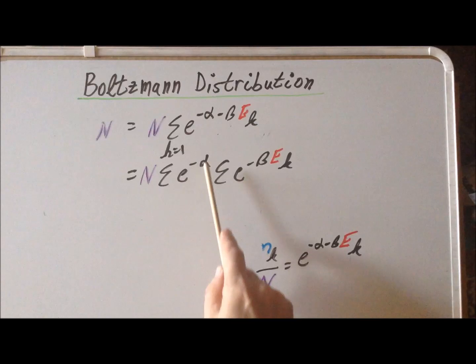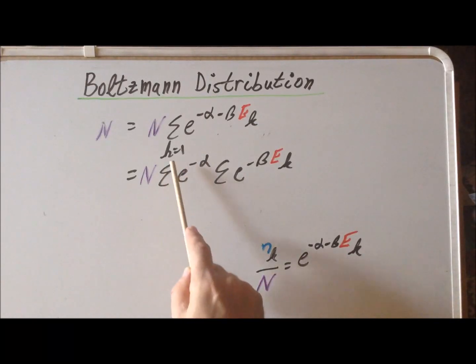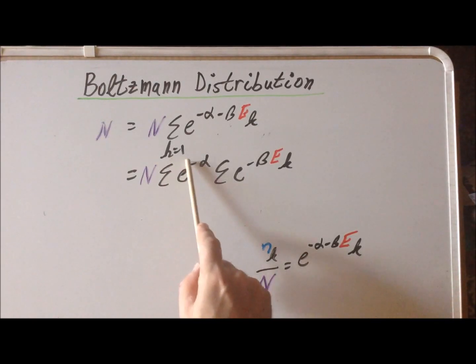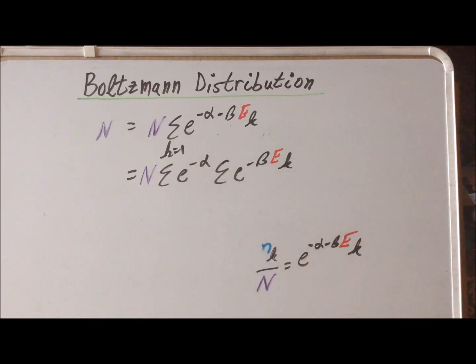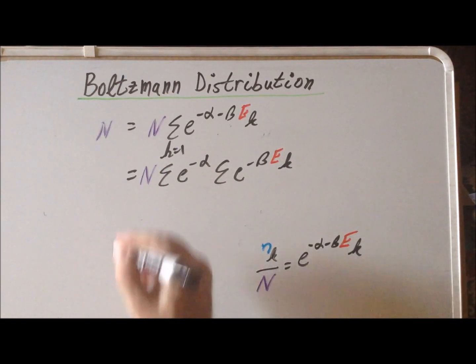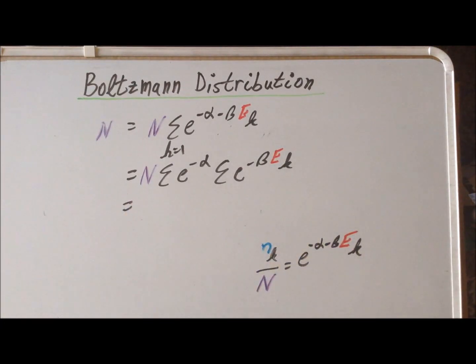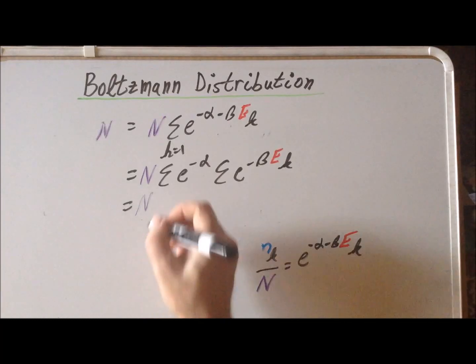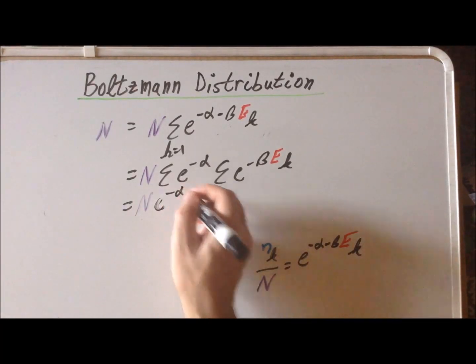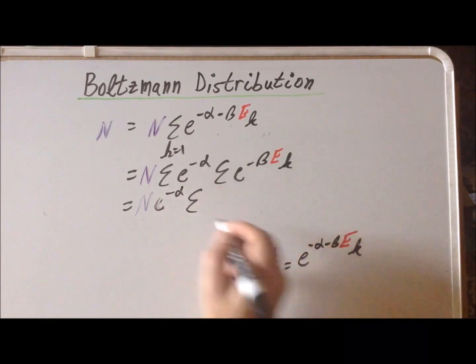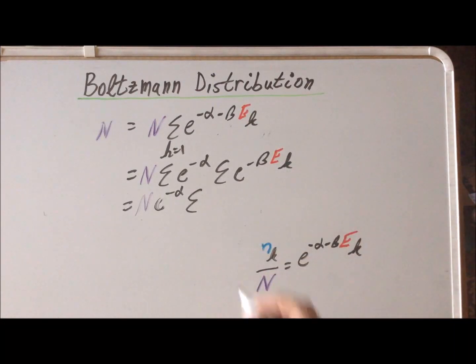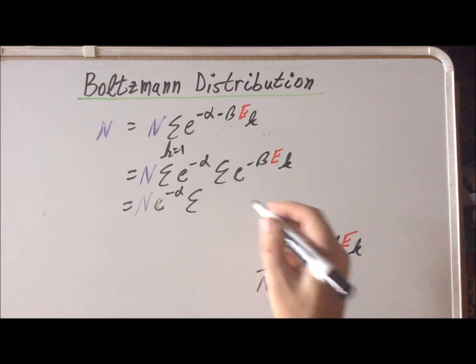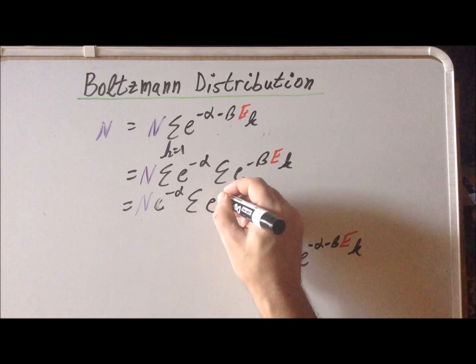Notice that e to the minus alpha does not include anything that has a k subscript. So therefore, this is simply a constant. So we can write the right-hand side as our big N e to the minus alpha. Now this term over here has the e sub k's, so since it does depend upon k, we have to leave that as a summation.